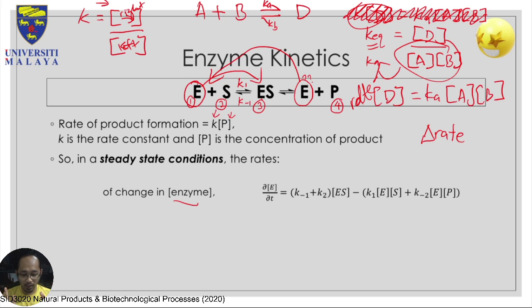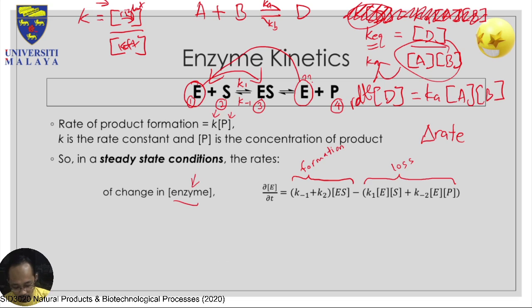So when you have this, you substitute A, B, and D with E, S, ES, and P. Instead of having just one reaction, you have two reactions in one equation. The rate of change of enzyme here is where you consider the formation of enzyme. So you have a formation minus the loss.